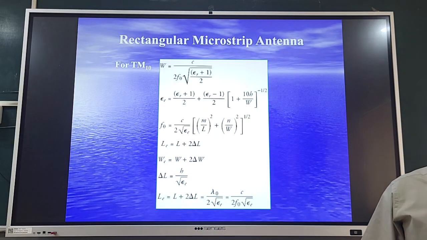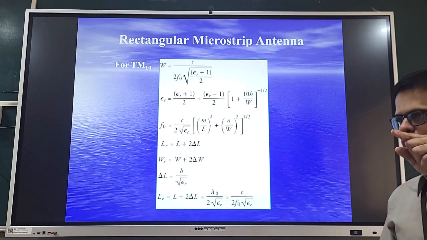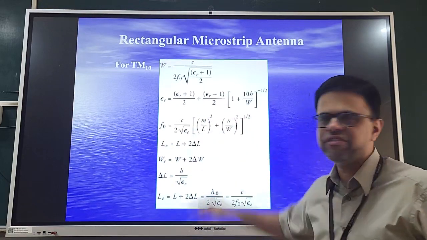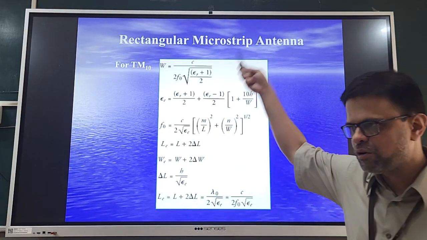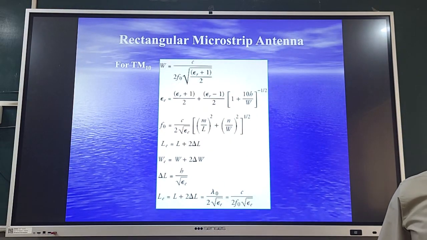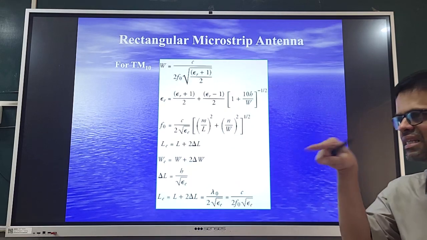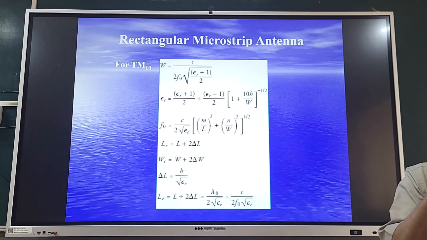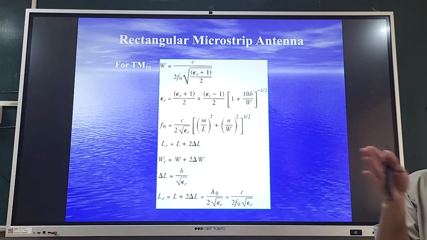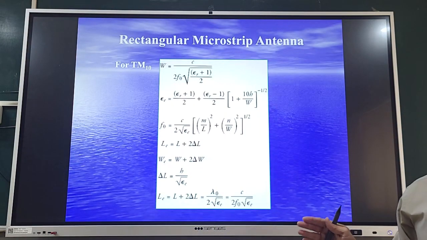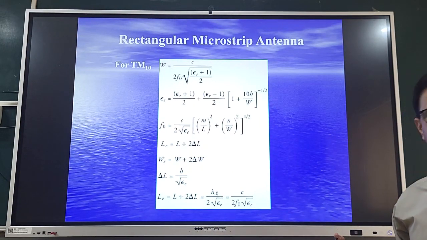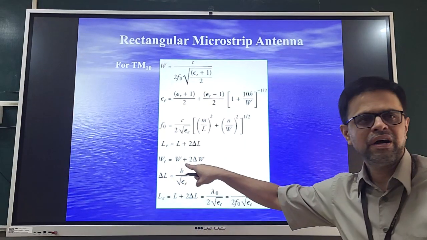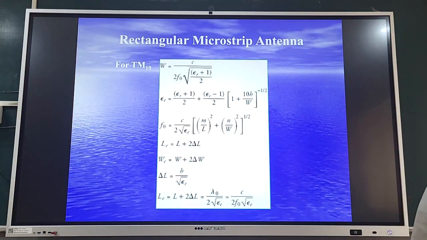Again I repeat, if the difference epsilon E nu minus epsilon E, which you have calculated in the first approximation, is less than 0.02 or 2% error you are considering in the values of epsilon Re, then the design values of L and W obtained at the end of first step are your MSA rectangular patch dimensions.